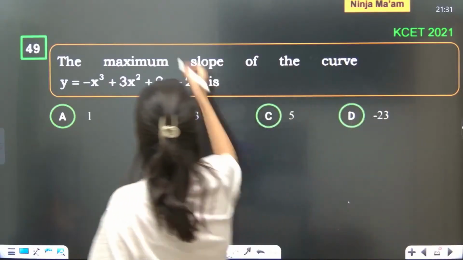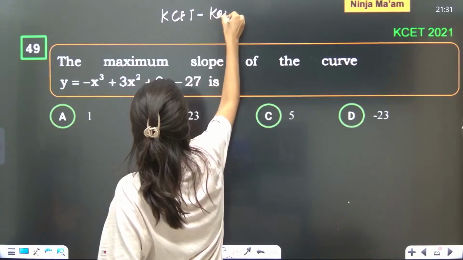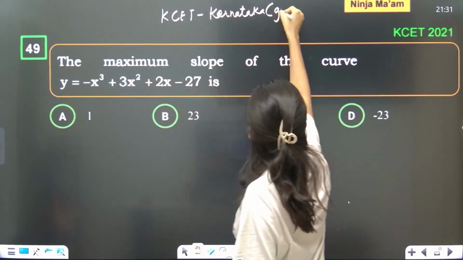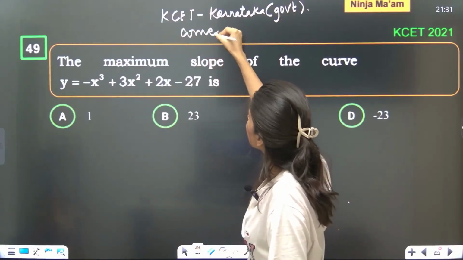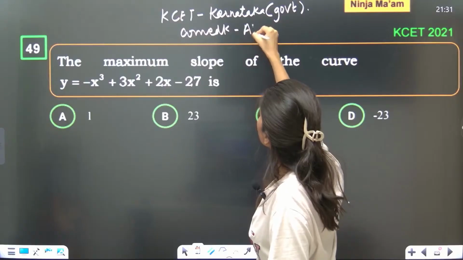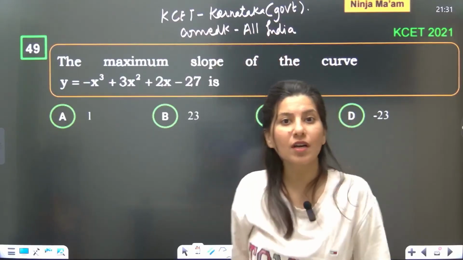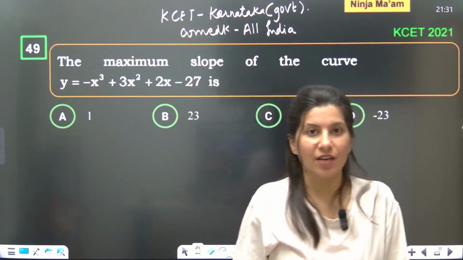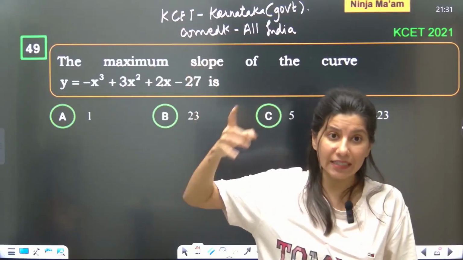Let me write. KCET is for Karnataka students, and this is a government exam for government institutes. COMEDK is an all India exam, and this is the exam for private institutes. So fees for COMEDK institutions will be greater than KCET.